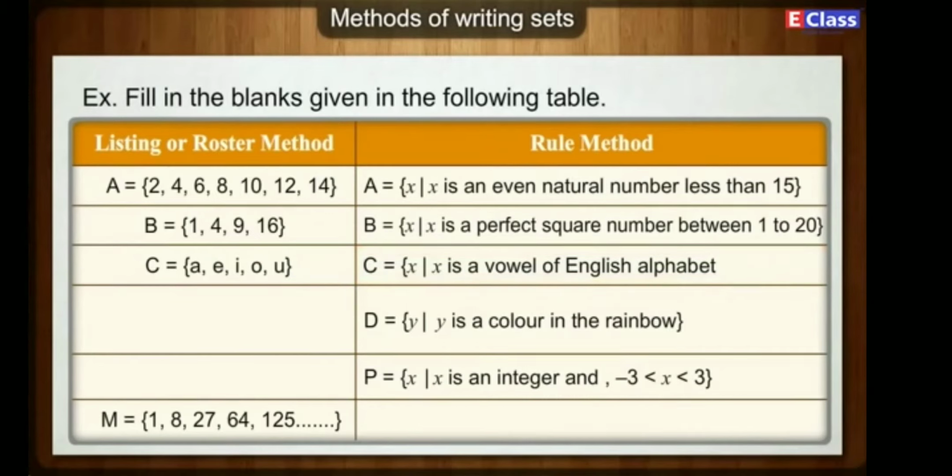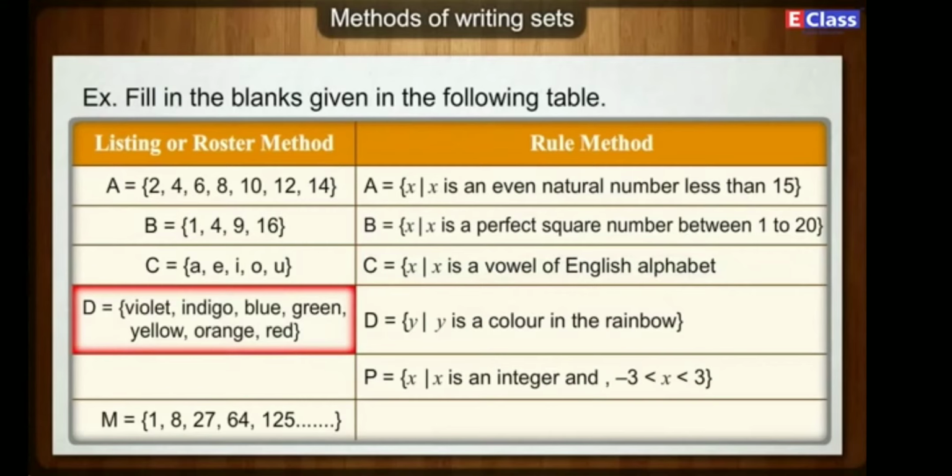Listing or roster method. D = {violet, indigo, blue, green, yellow, orange, red}. Rule method.